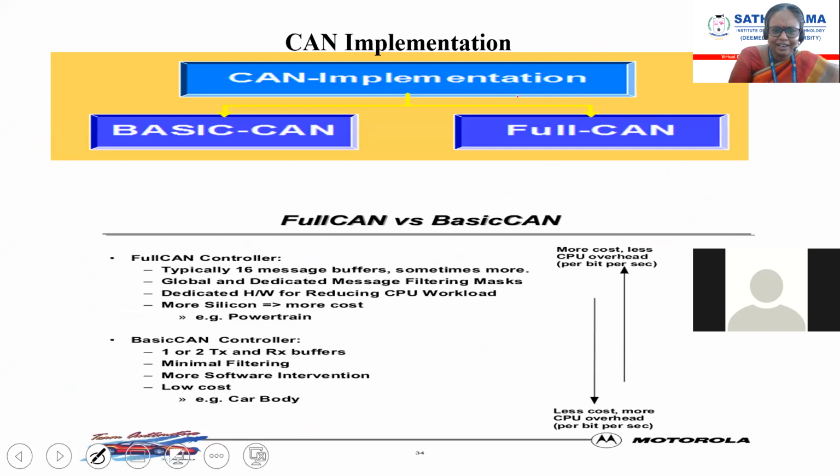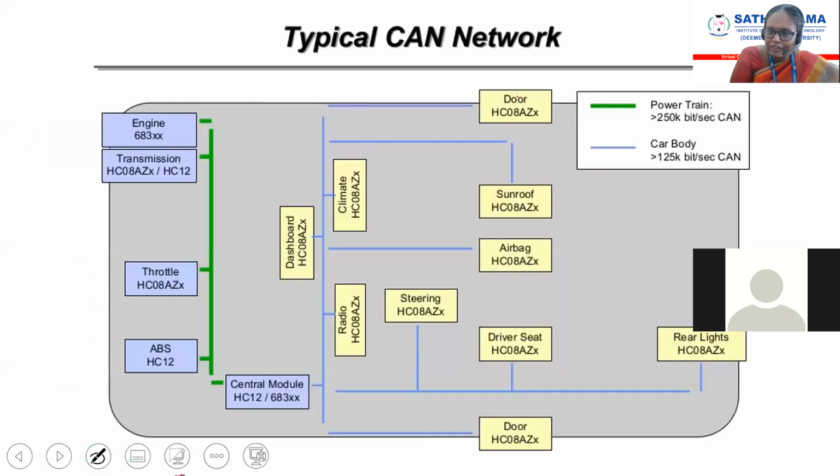I think I have explained basic CAN and full CAN. Basic CAN, as I told you, is used only in the car body. But full CAN is used in the powertrain and all. Both are used in the automotive industry, but the bits per second and cost vary from basic CAN to full CAN.